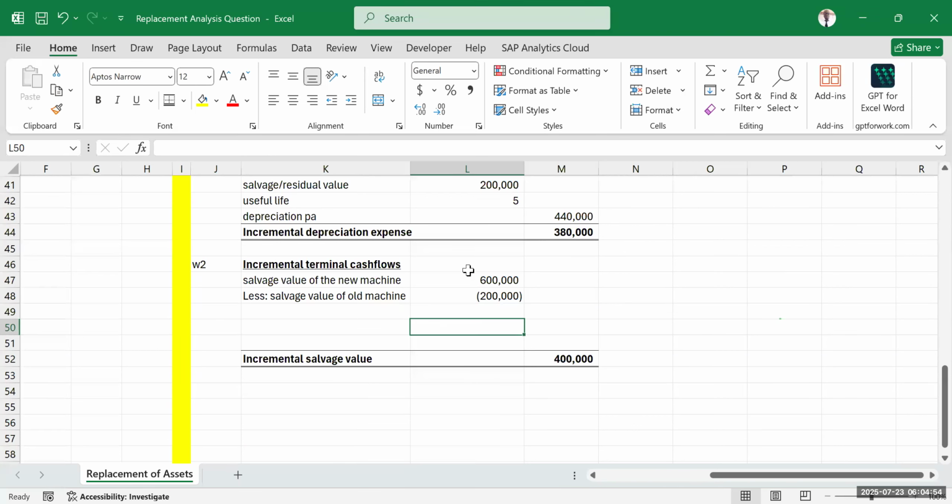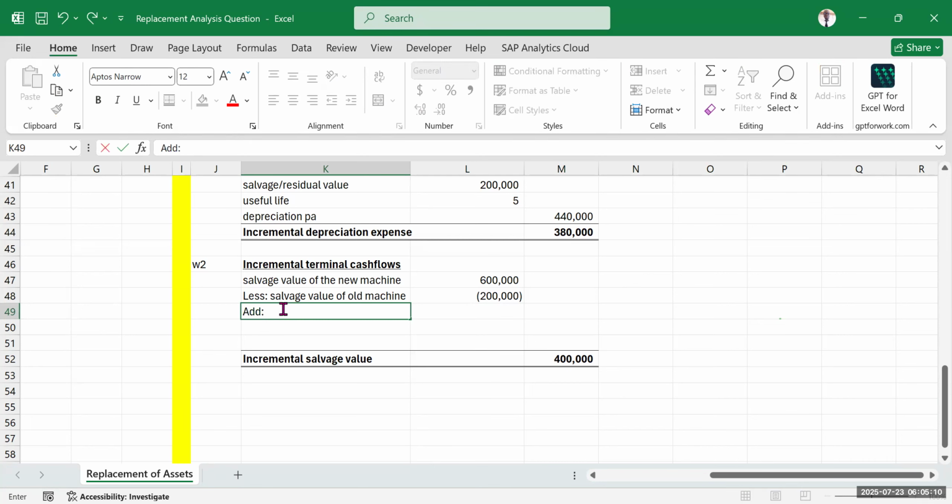You see, the net effect of this terminal value, for example, comparing the salvage value of the new machine and the old, whatever you get out of that, you will add incremental working capital. And let me put this in italics.